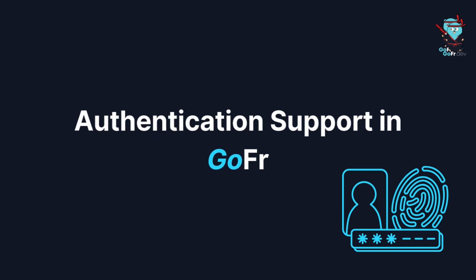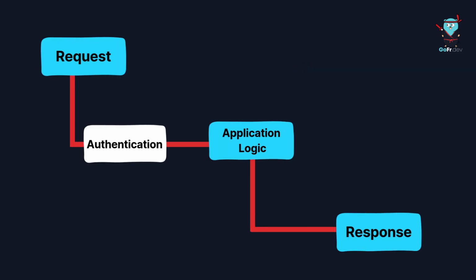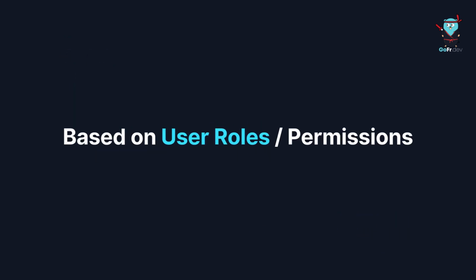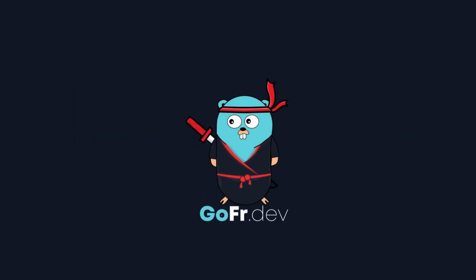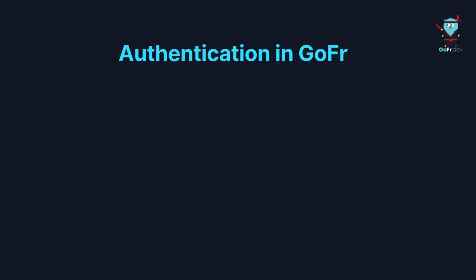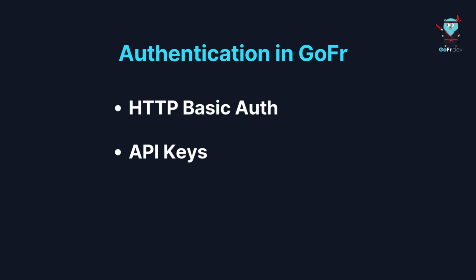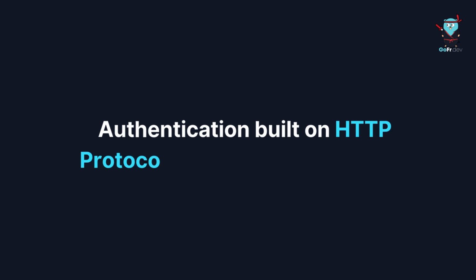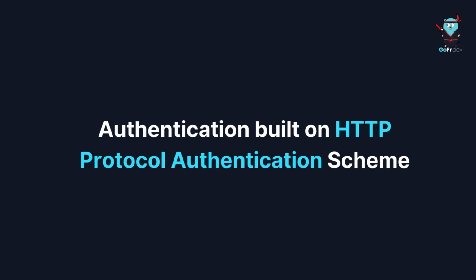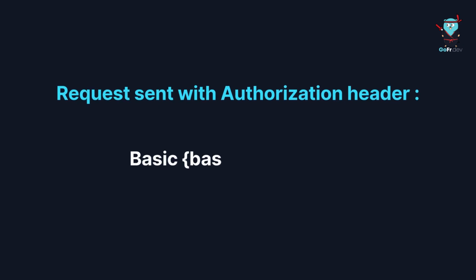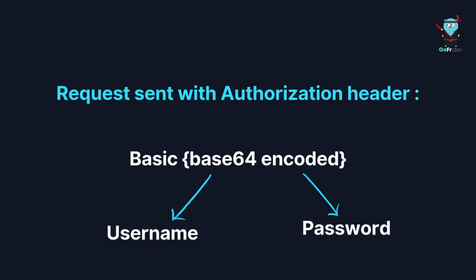Authentication is a crucial aspect of web applications, controlling access to resources based on user roles or permissions. GoFr offers various approaches to implement authentication, that is HTTP basic auth, API keys, and OAuth. Basic auth is the simplest way to authenticate your APIs, built on the HTTP protocol authentication scheme that involves sending the prefix Basic trailed by base64 encoded username and password within the standard authorization header.